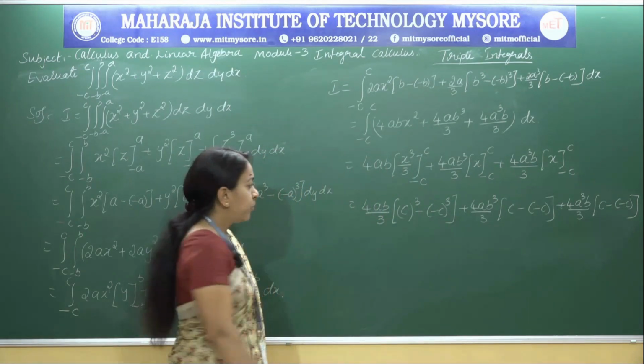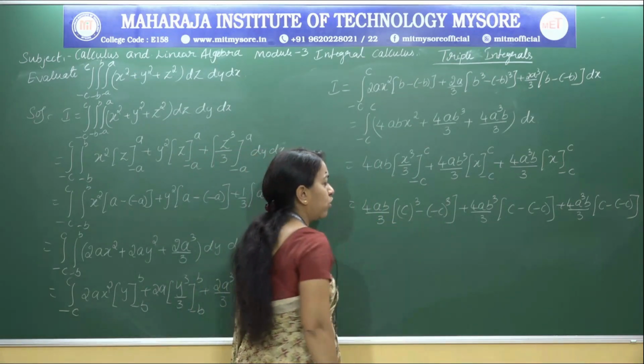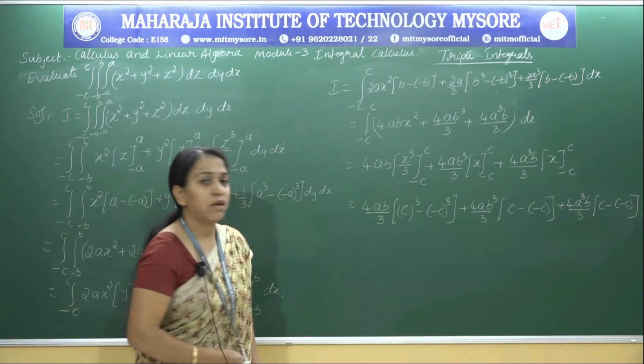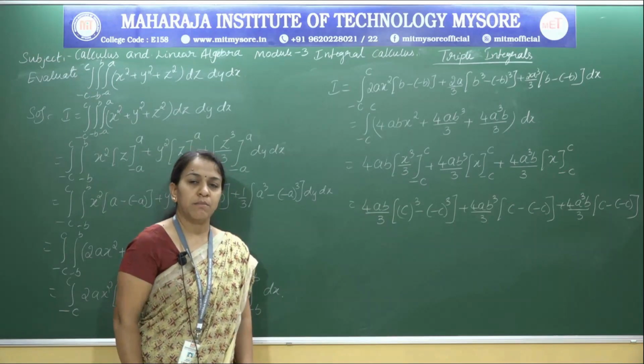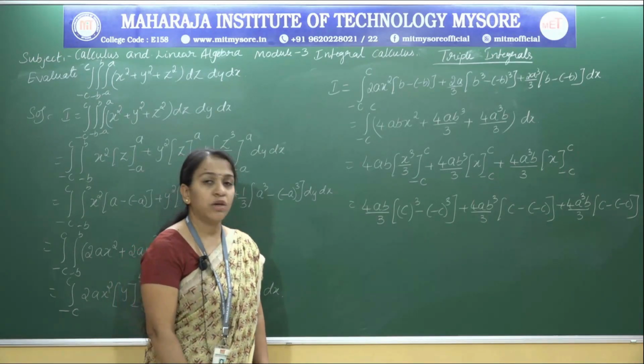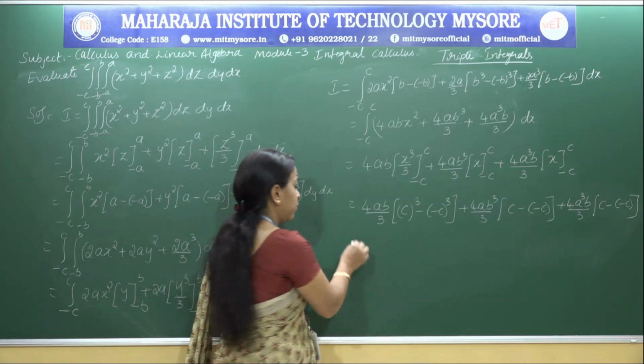Now simplify. So we have minus c whole cube. Minus c whole cube is nothing but minus c cube. So minus c cube into minus becomes plus c cube. So c cube plus c cube is 2 times of c cube.